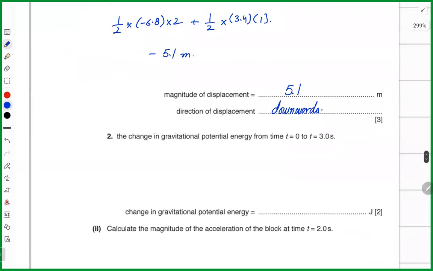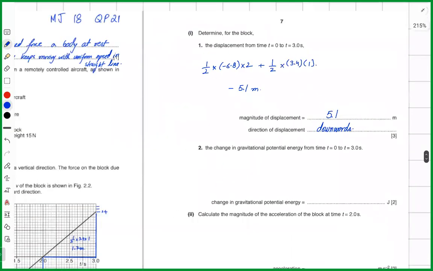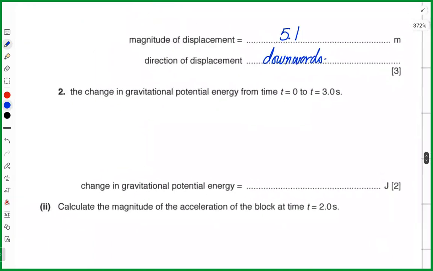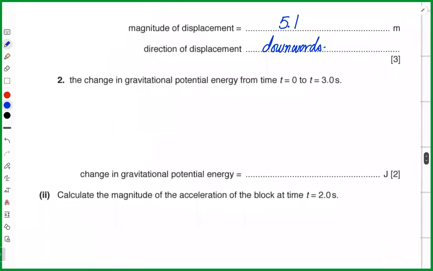Now, how do I know it is downwards? Because the answer was minus 5.1. Yes, there was a negative sign that showed me that this is downwards.